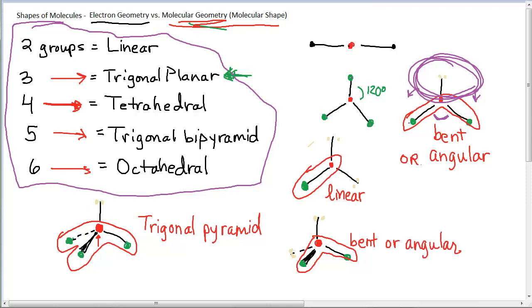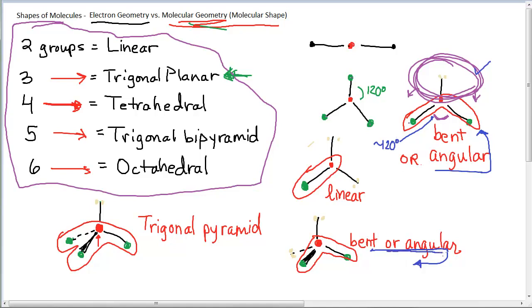Now a minute ago we said that we had a bent or angular in this instance. It is different than the bent or angular in this instance because the bent or angular up above had an electron geometry of a trigonal planar, which means that the angle here is about 120. We said it was a little smaller than that.